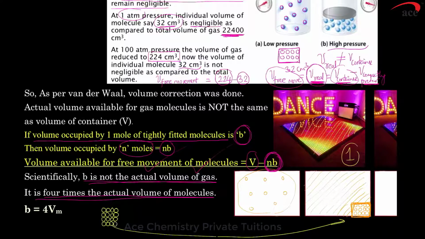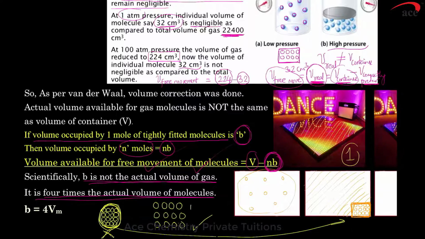You can bring them close enough that they do not have repulsive force. If you put them edge to edge, that is the actual space occupied by the gas molecules, but in reality they don't exist like this, they exist like this.